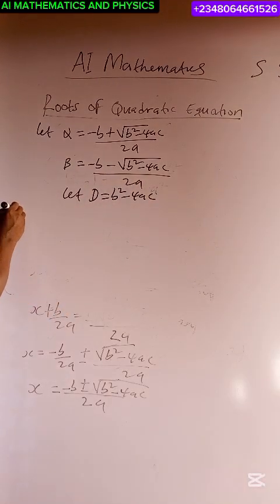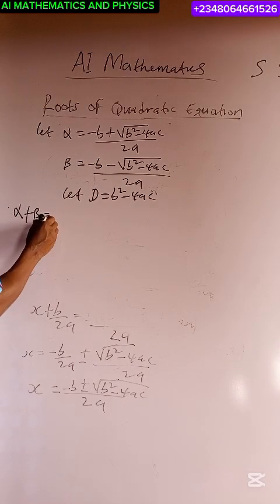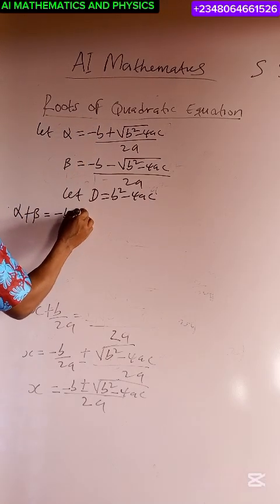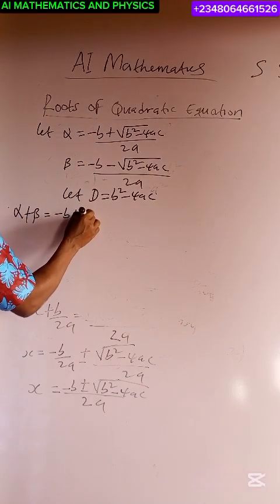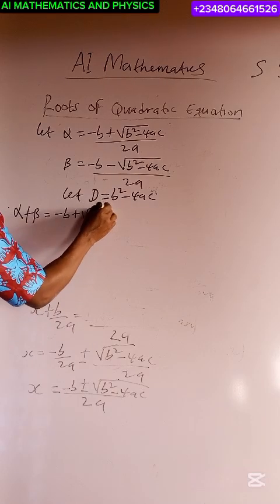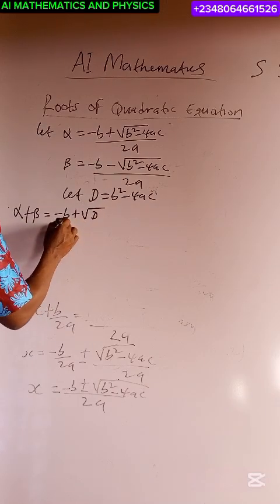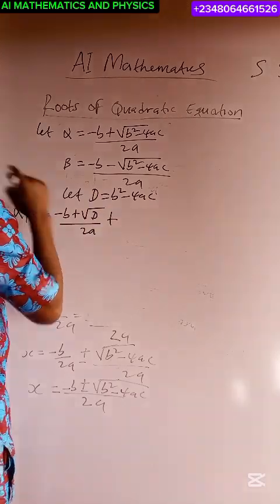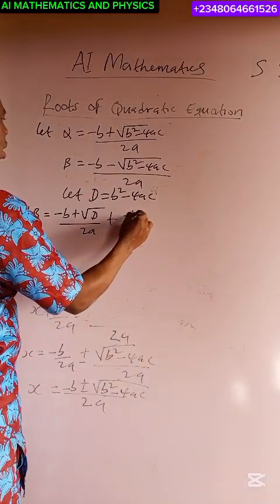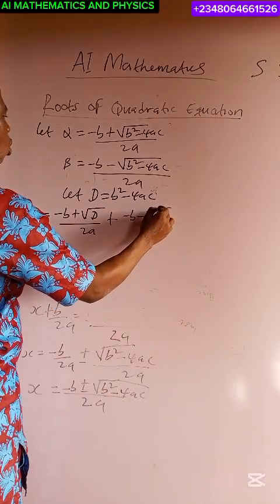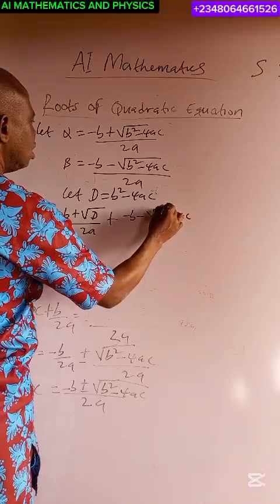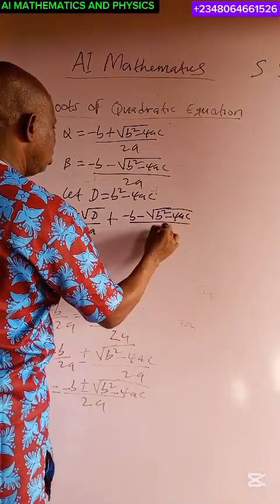Then alpha plus beta will be equal to, our alpha is this, minus b plus root D over 2a, plus minus b minus root of b squared minus 4ac, everything over 2a.